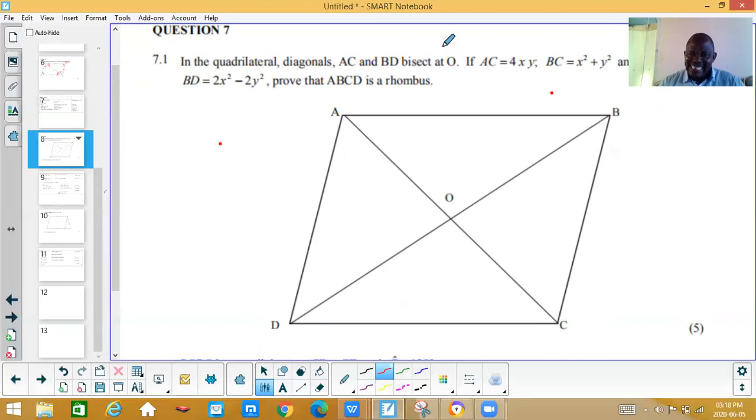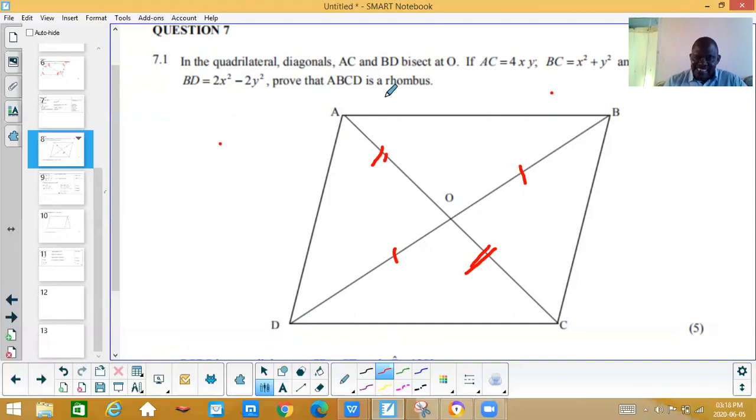When they say these diagonals bisect, it means they divide each other into two equal parts. So they bisect each other at O.